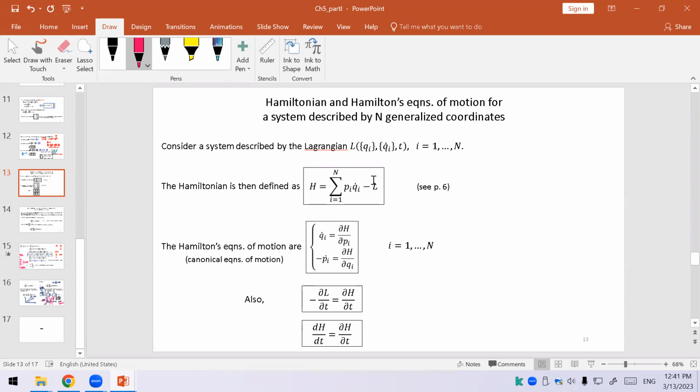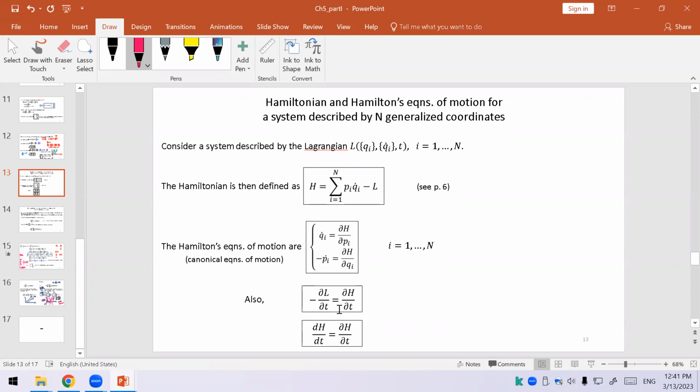And then Hamilton's equations of motion are always given by these pairs. Sometimes we call them the canonical equations of motion. Also, the time derivative of the Hamiltonian has these two nice properties.